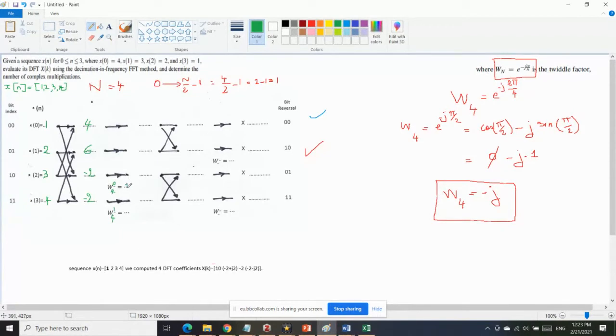So this one is going to be just 1. وهذا is going to be minus J. So this value stays the same, ما في فرق because we're going to multiply by 1. هنا we're going to multiply minus 2 times 1, so it will be the same. هنا minus 2 times minus J, يعني النتيجة إيش؟ plus 2J.